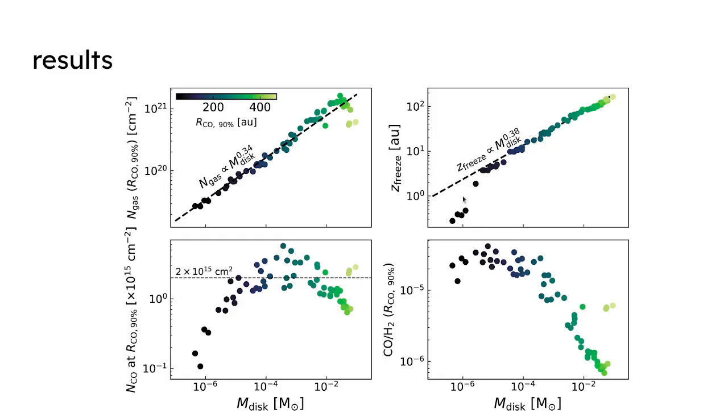And 20 Kelvin is considered to be this classic freeze out temperature for CO. So basically at Z below the Z freeze, you would expect CO to be completely in the ice phase and not emitting, although you don't see it in this.